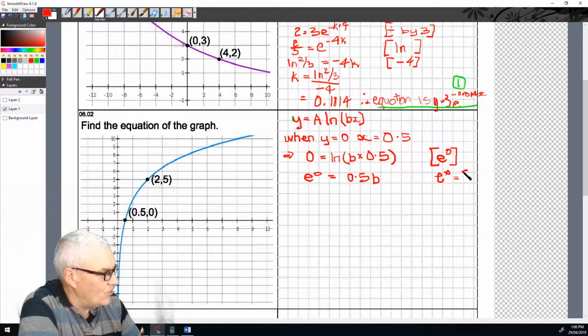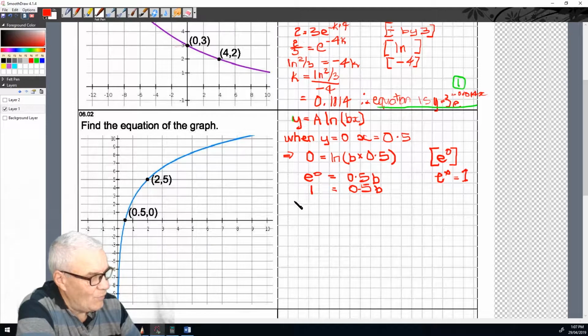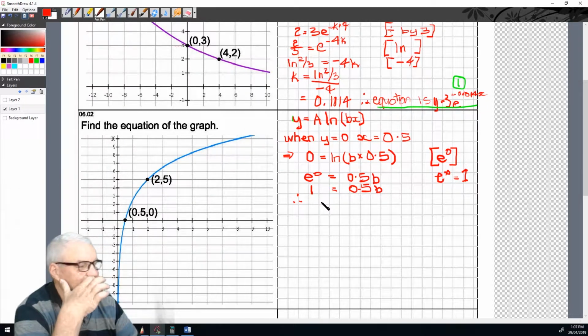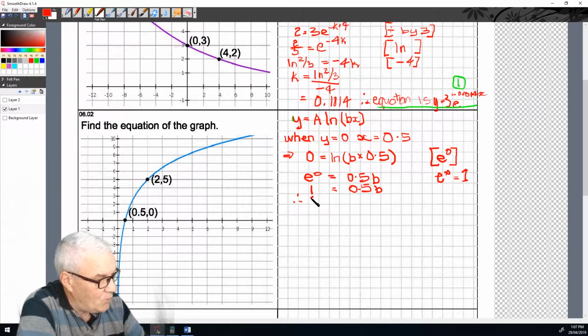Anything to the power of 0 equals 1. So that means we get 1 equals 0.5b. And therefore, if 1 equals 0.5b, which is half of b, 2 must be equal to b.